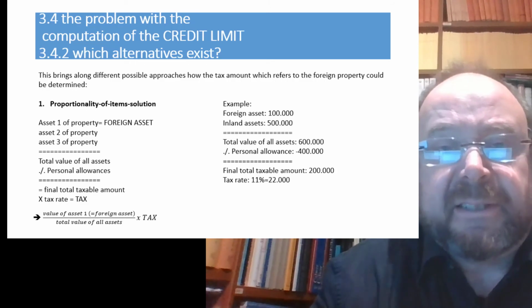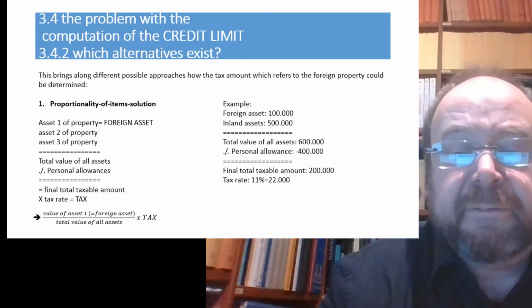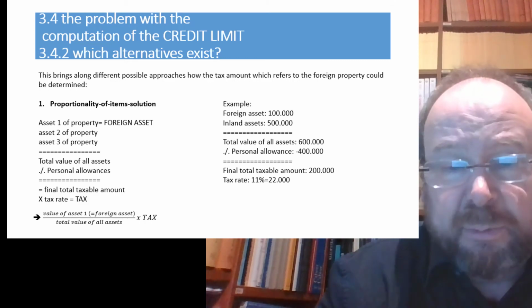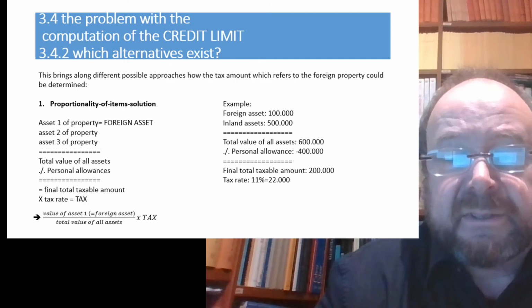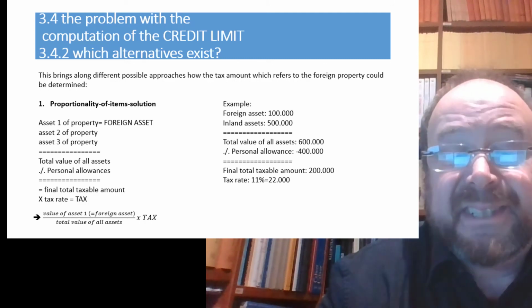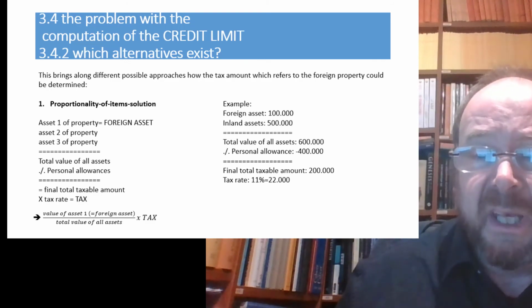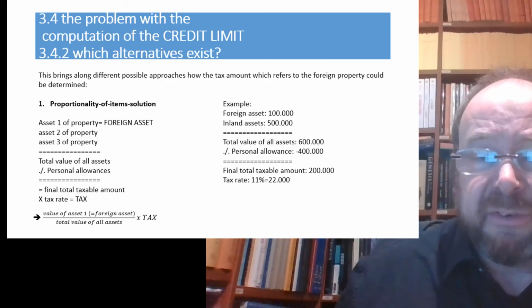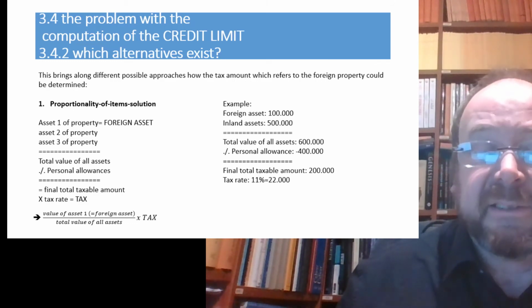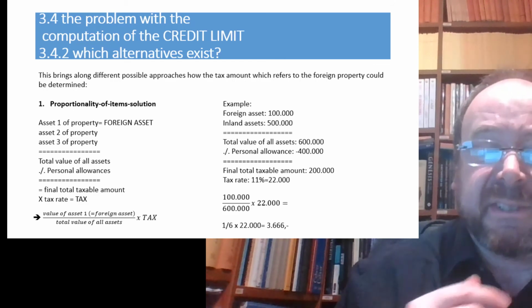So an example would read as follows. You have a foreign asset 100,000, you have inland assets of 500,000, so you have a total value of all assets 600,000. Personal allowance 400,000 minus, final total taxable amount 200,000, tax rate 11%, 22,000. So the proportion of the foreign asset to the total value of all assets is 100,000 to 600,000.